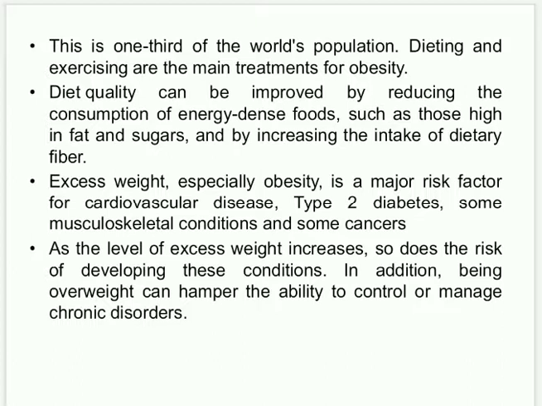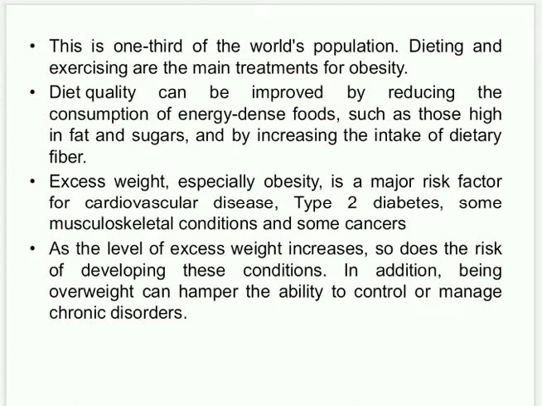So for the treatment of obesity, dieting and exercising are the main treatment. Diet quality can be improved by reducing the consumption of energy dense food such as those high in fat and sugars, and by increasing the intake of dietary fibers.